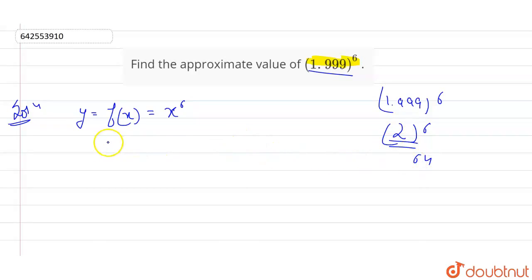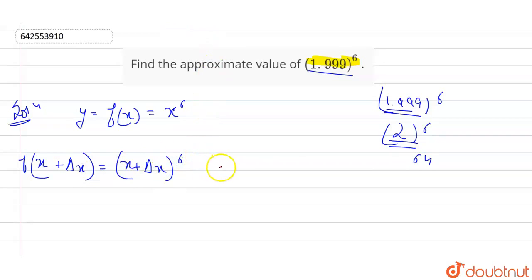So what we can do here is split this number 1.99 into x and delta x, where delta x is a small change. So it will become (x plus delta x) to the power of 6, right? Let's take our x as 2.